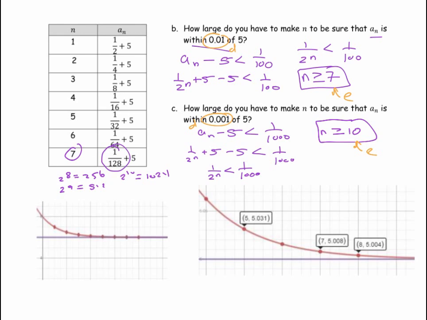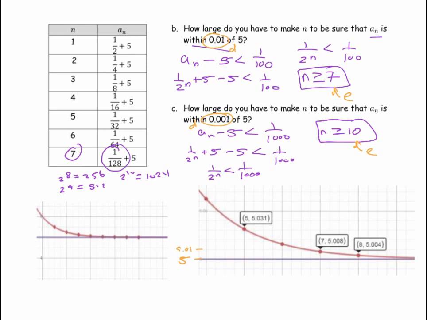Okay, and I have a graph here just to let you see a graphical representation of what we mean. This here is 5, and I've graphed the function f of x equals 1 over 2 to the x plus 5, and all those dots would represent the terms of the sequence. This here is 5.01, so that's 5 and 100th, right?